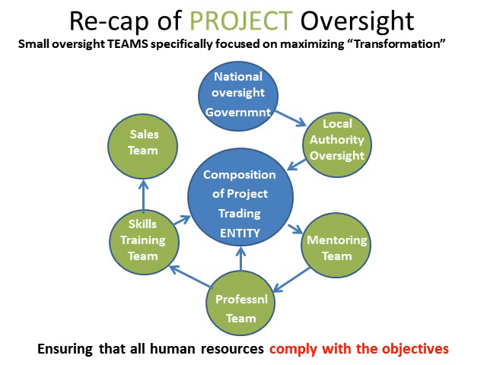At local authority level, there will be a small oversight team which looks at the various projects happening within that municipal area. The project entity itself for each project will appoint internal mentoring teams, and those internal mentoring teams will look at everything that goes on within that project.